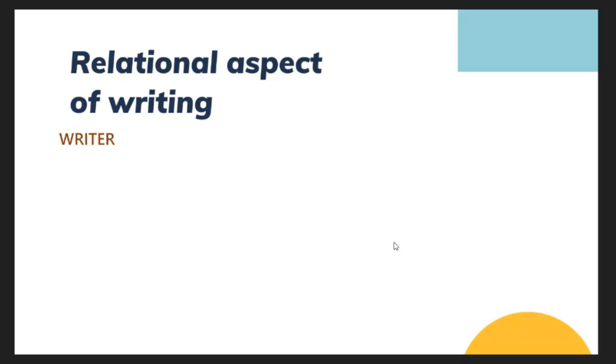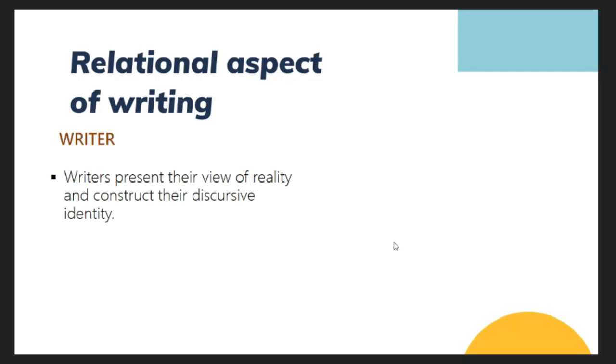To the first element of writing, that is the writer. In writing, the writer will show their view of reality and also construct their discursive identity. The writer may also have certain genre knowledge.